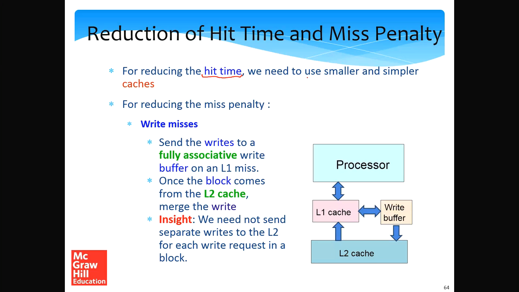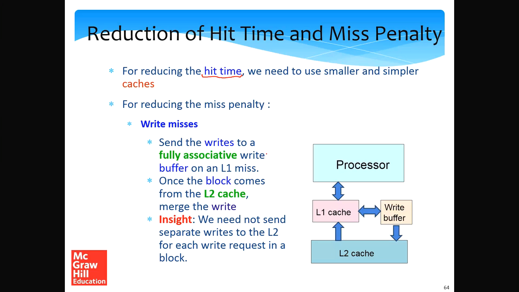Additionally, we can try to reduce the miss penalty. So the miss penalty can be reduced as follows. Let's consider write misses, where we might write to successive words in the same line. What we do is create a small write buffer, a very small structure with 4 or 8 entries, just after the L1 cache.